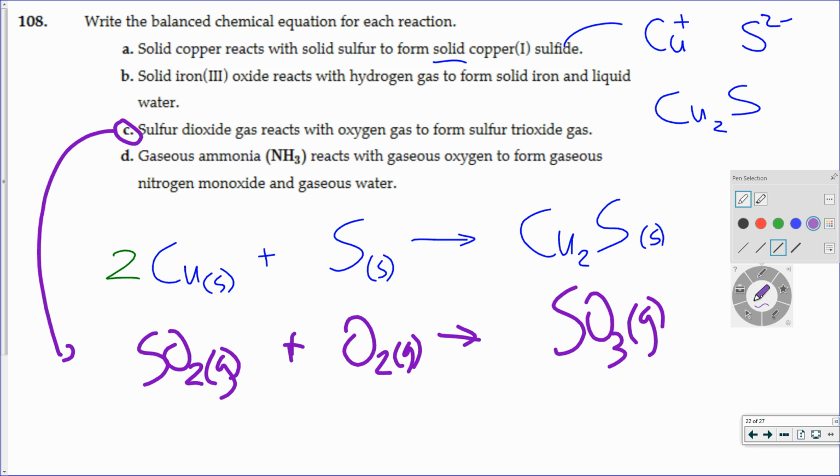Okay, so that's my components of my reaction. So looking at the sulfur, there's 1 sulfur on the left, there's 1 sulfur on the right. But if I look at the oxygen, I've already got 4 oxygens on the left, and I've got 3 on the right, so that's not going to work to add numbers of oxygens, or would it?